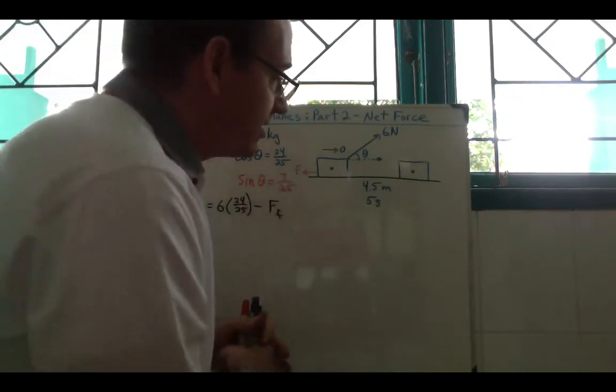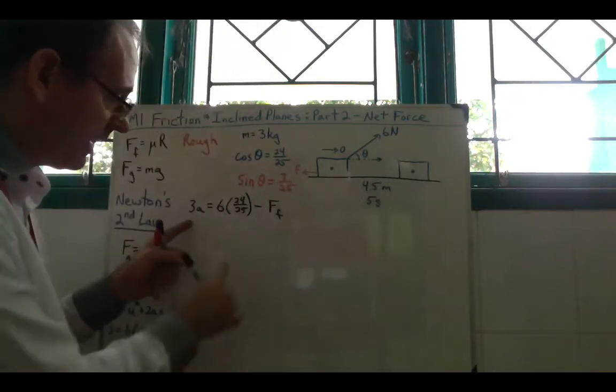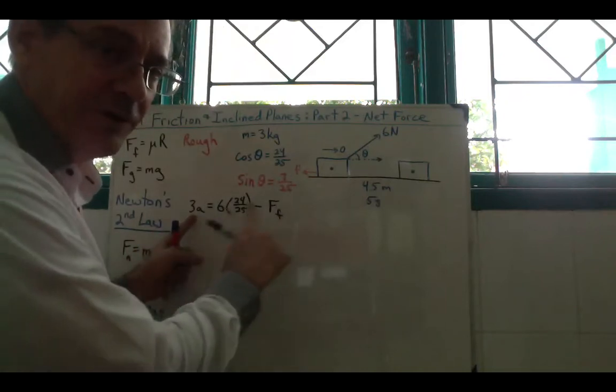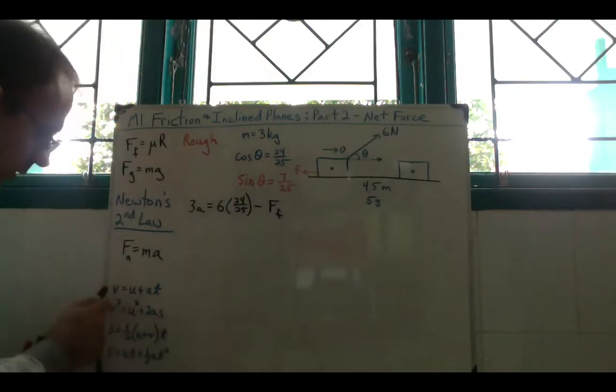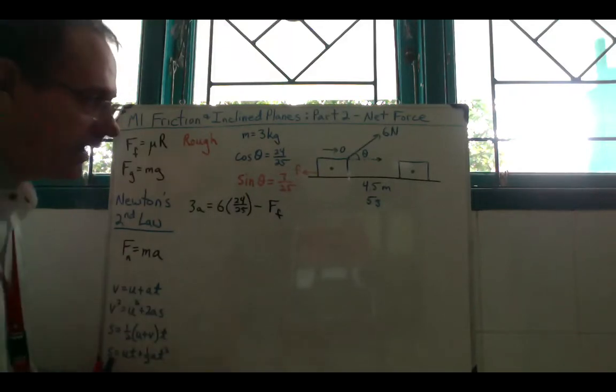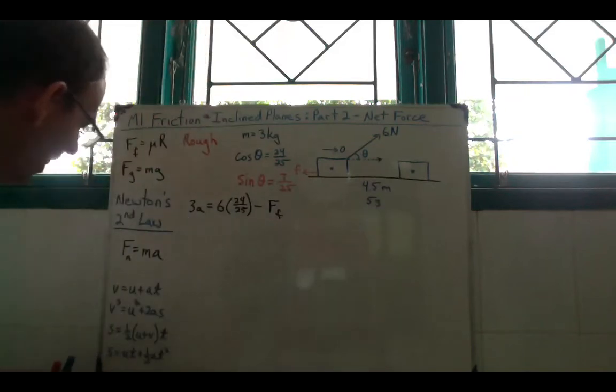To find the acceleration, let's look at this, because we can't use this formula. If you're not using your net force formula, then we want to go to SUVAT. The information that we're provided is distance and time.